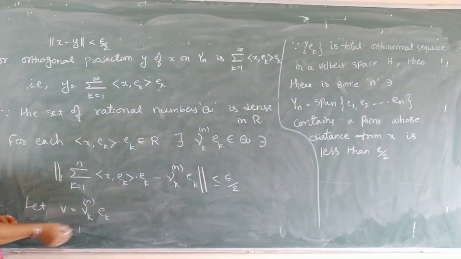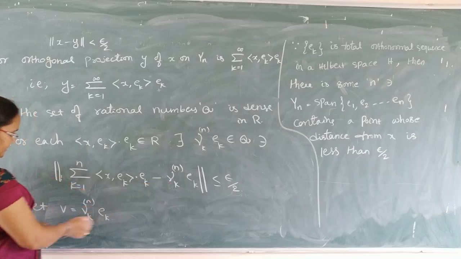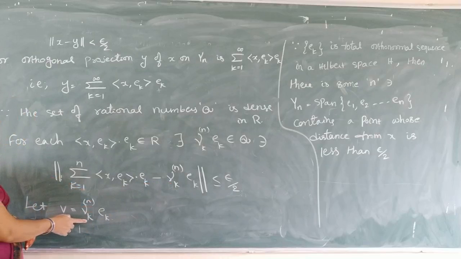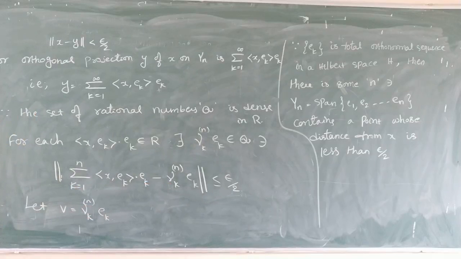Now we take this entire element as B. Let B be the summation of gamma k n e_k. Once the elements are in this form, they belong to A. So B belongs to A, and we have to calculate the norm of x minus B.